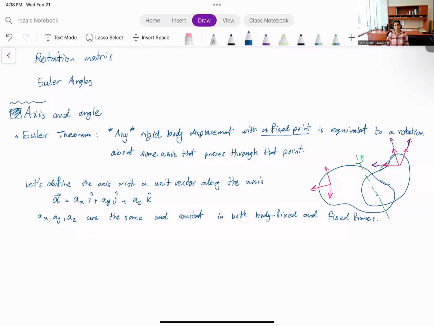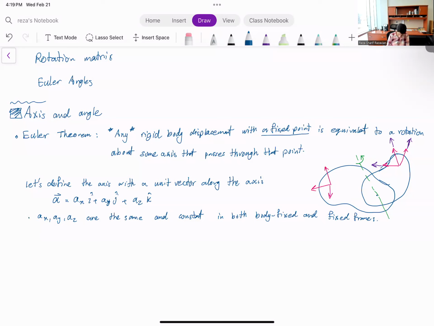Are we talking about the body fixed frame? Are we talking about the fixed frame? Doesn't matter. The axis actually remains the same. And you can kind of visualize it. The entire body is rotating about a certain axis, so from the perspective of the body, that axis isn't moving or changing. And that's why they are the same.